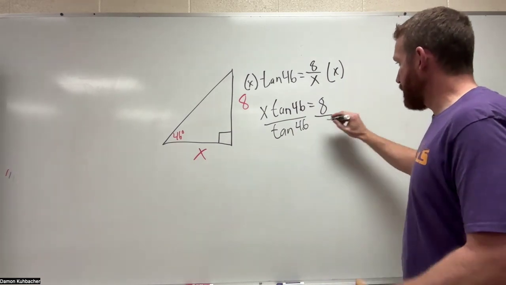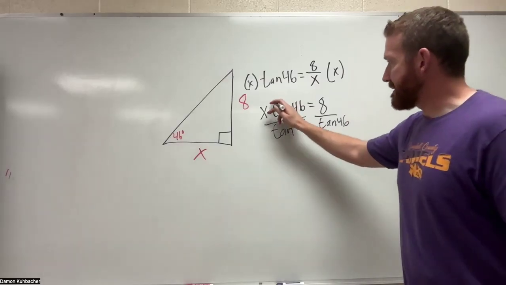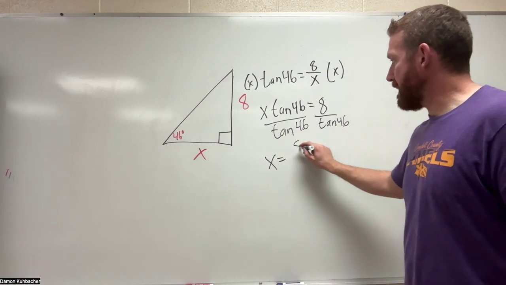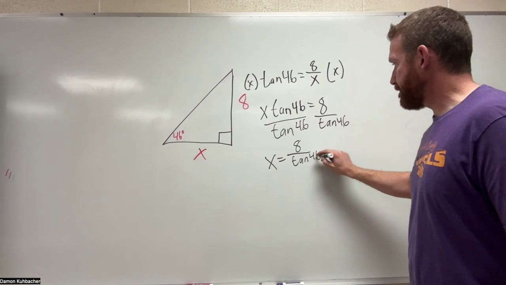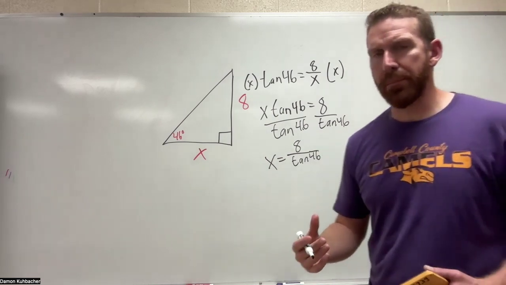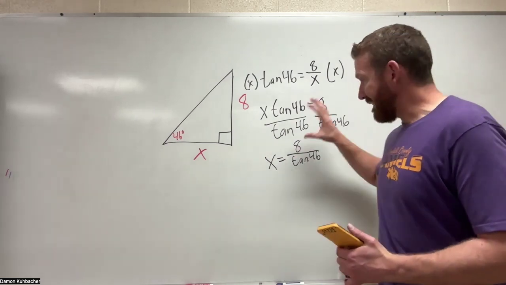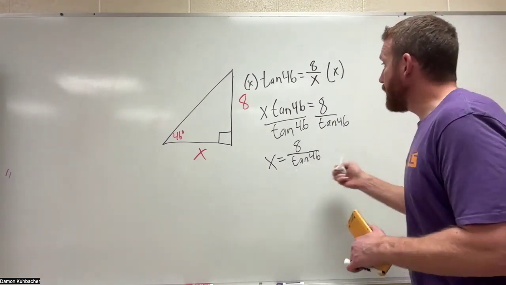Whatever we do to one side, we have to do to the other. Divide by the tangent of 46. So these cancel out, and I'm left with x equals 8 over the tangent of 46. So it's important to remember our algebra rules and how to get that x isolated. But there's got to be an easier way, right? Yeah, there is.